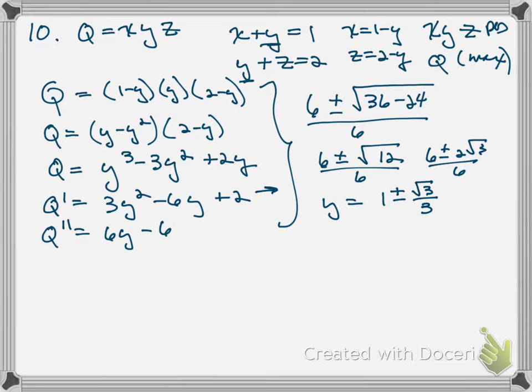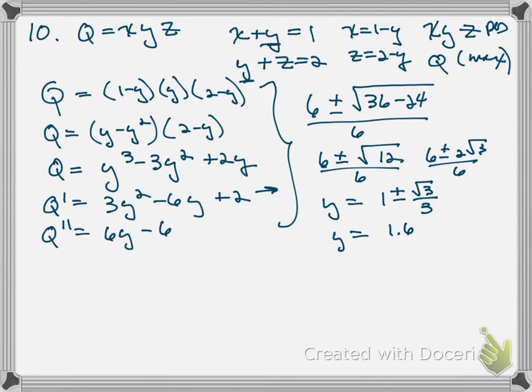So since I want a positive number, I want 1 plus root 3 over 3. Right, and that's going to end up giving me y, if I take it to the nearest tenth, as 1.6.